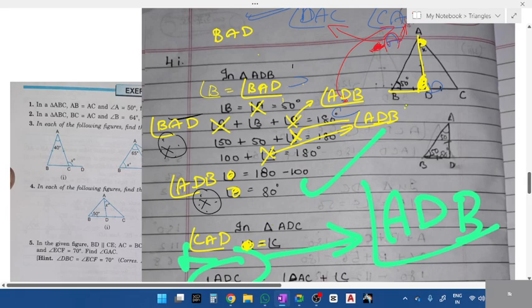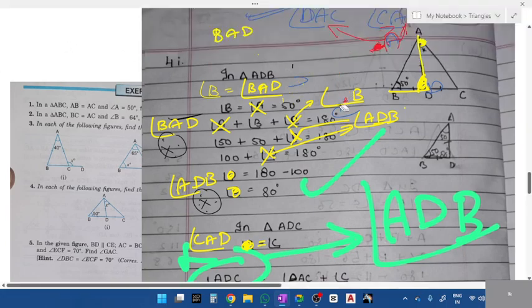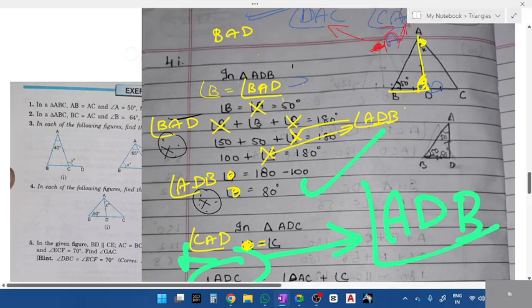And one more thing, the sum of interior angles, other things are fine. Here, this part is important. Look, I've drawn an arrow next to this. All of you are listening, right? Other students? See, from here you'll get to know what you have to write. Anya has written angle B is equal to angle BAD, 50 degrees.